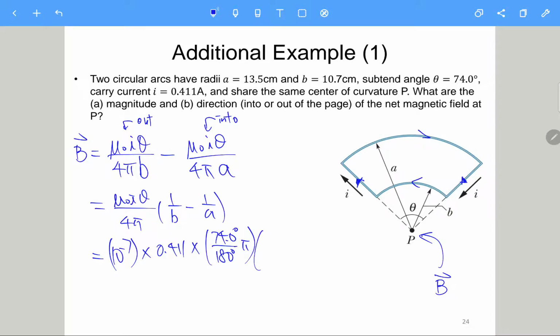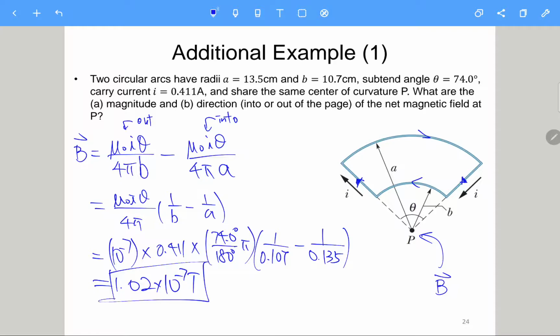And then we have 1 over b, which is 1 over 0.107, minus 1 over 0.135. So it turns out to be 1.02 times 10 to the minus 7 Tesla. So this is the magnetic field generated by this loop at point P.